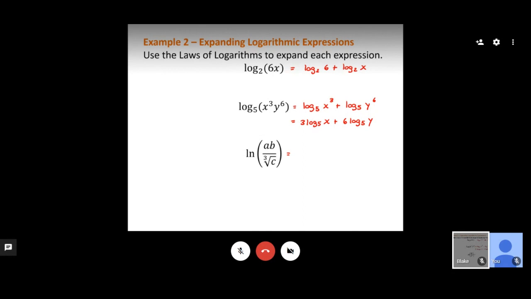We've got all three, right? Because we've got the multiplication, we've got the division, and remember we just said that we can change that radical to a fractional exponent, so we've actually got exponents in there too. All right, so the first thing I'm going to do then, I'm going to go ahead and change that cube root to a fractional exponent, and then we'll start to think about what order we need to do things in. So this is going to be the natural log of AB over C to the 1/3 power. So we got multiplication, division, and now we have that exponent also.